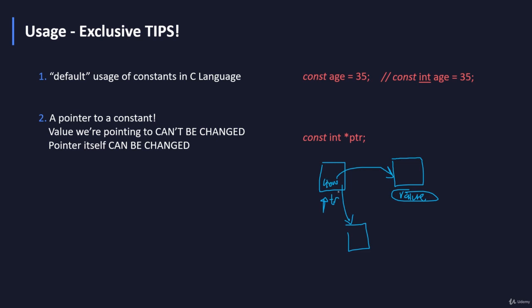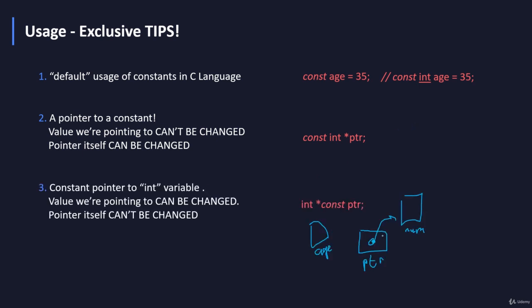There is no problem if this value is changed to 3000, for example. But the constant integer we are pointing to cannot be changed. Awesome.